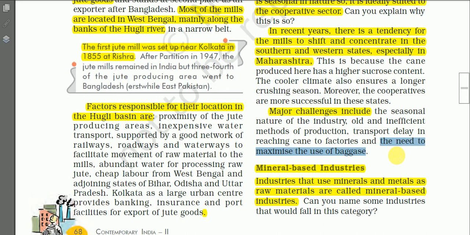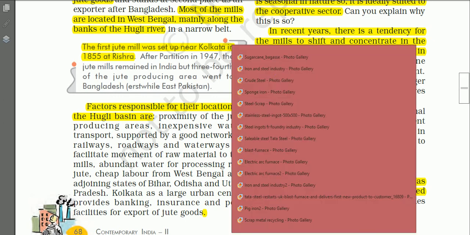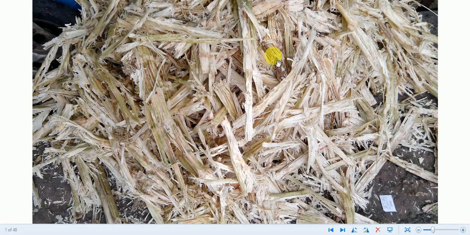Let me show you one photograph of this sugarcane bagasse. See, this is a photograph showing sugarcane bagasse. Actually, it can be used as a biofuel for the production of heat, energy, and electricity.